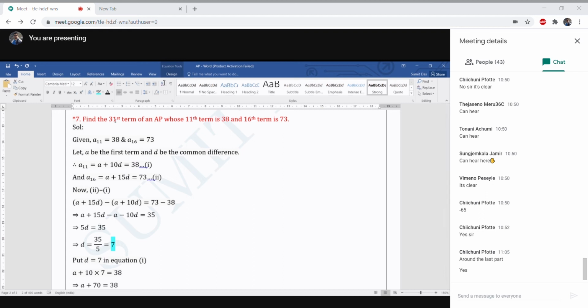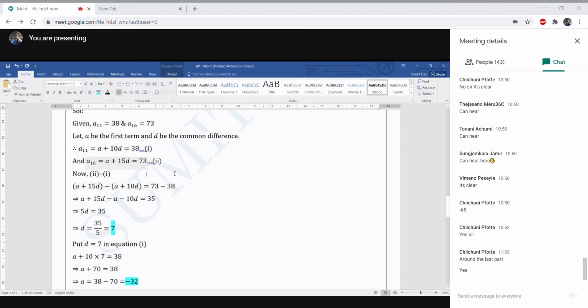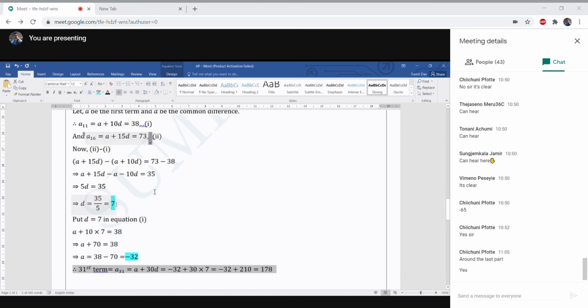For this reason we use these two conditions, that the 11th term is 38, a11 is 38, and a16 is 73. So if you put the value in the formula, a11 is a plus 10d which is equal to 38, and a plus 15d is 73. After subtracting we are getting d equal to 7. Okay, I don't think this part is difficult.